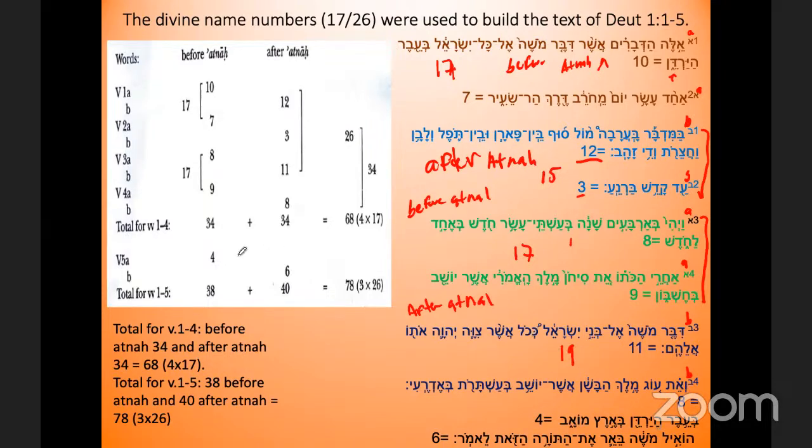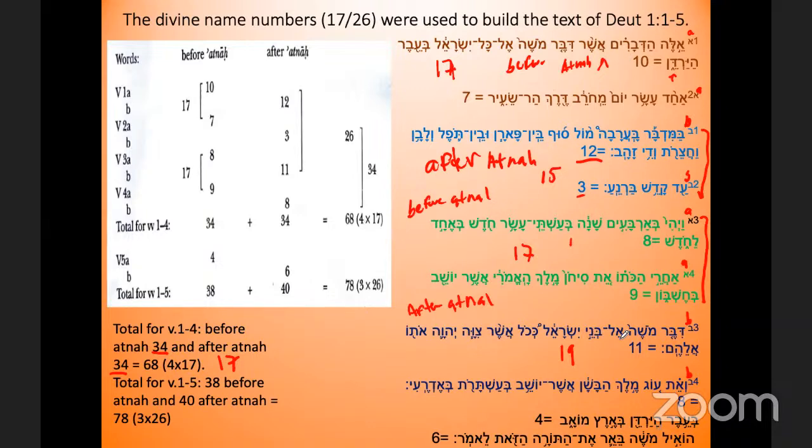And then we want to see the total. So the total for verses 1 through 4 before Atna is 34 words. And after Atna is 34 words. And so we end up with 68. And then 4 times 17 gives us 68. So we have the divine name number of 17 prominently in those verses.